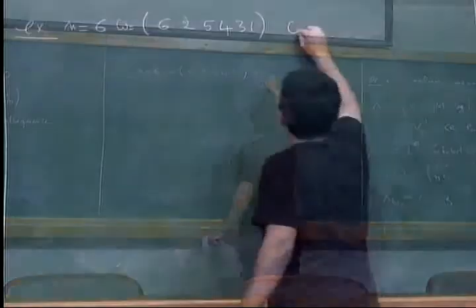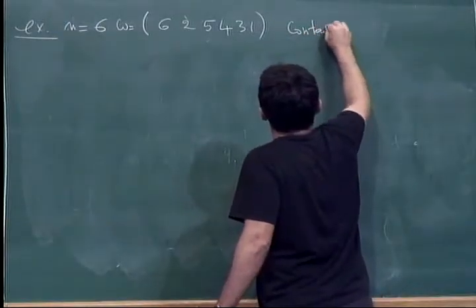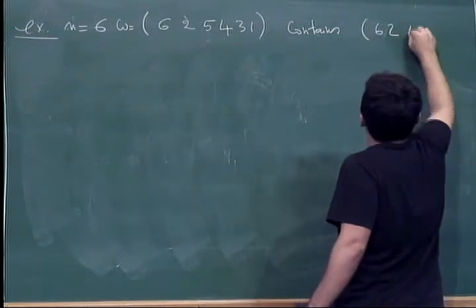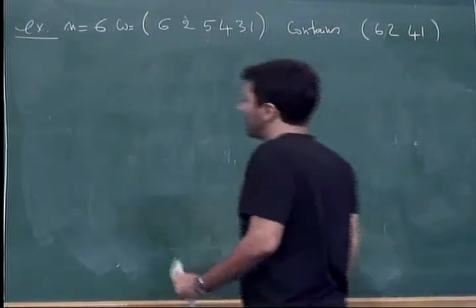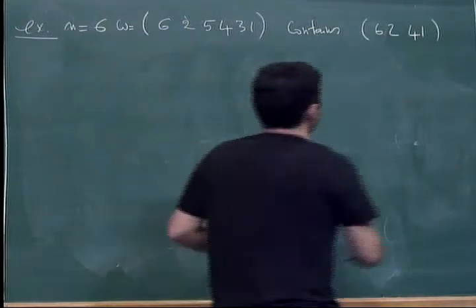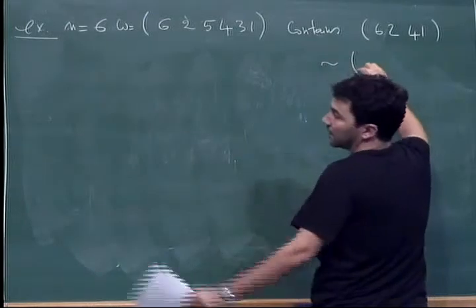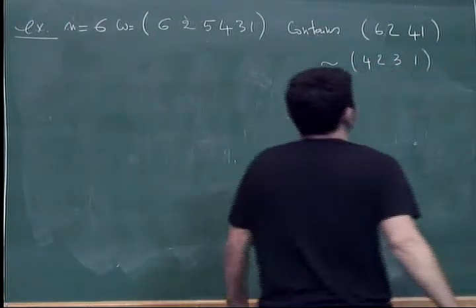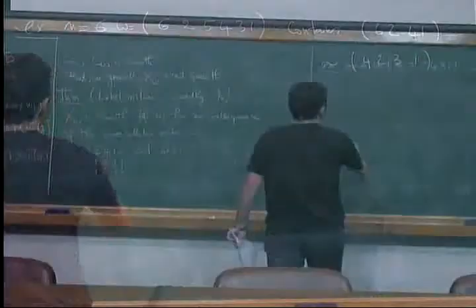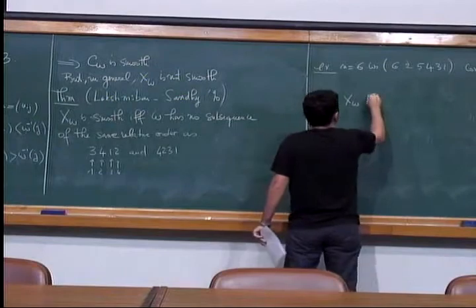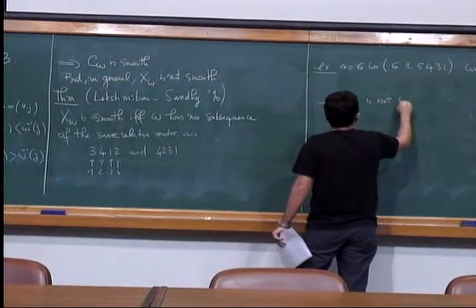And this one contains 6, 2, 4, 1. And this is exactly this relative order. So this one is exactly the 4, 2, 3, 1. So X omega is not smooth.